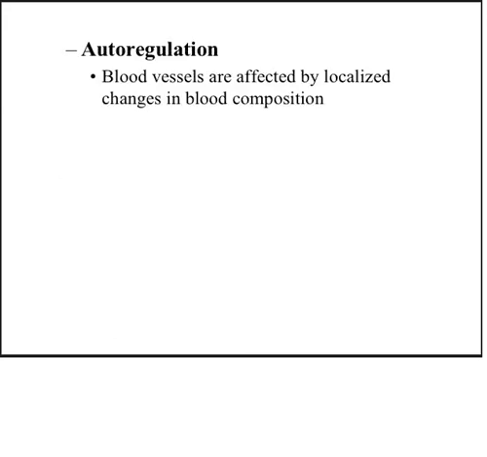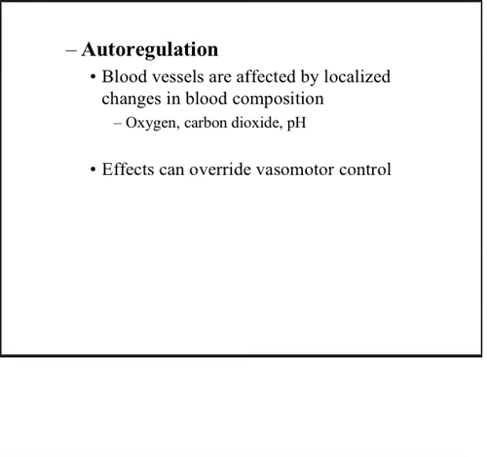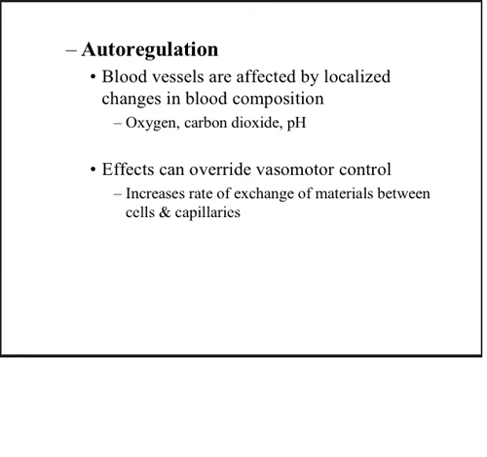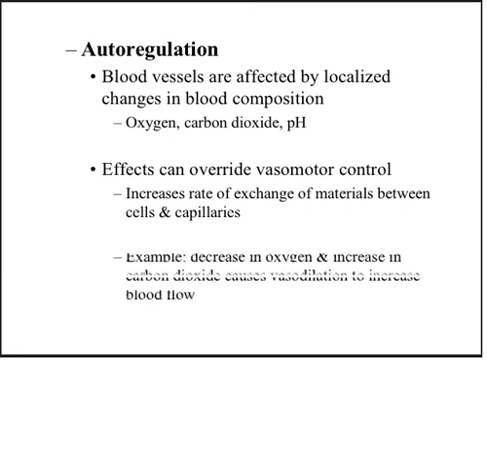Blood vessels are also affected by local changes in blood composition, primarily oxygen and carbon dioxide levels, as well as pH. The effects can override vasomotor control, and this can increase the rate of exchange of materials between the cells and the capillaries that perfuse them.